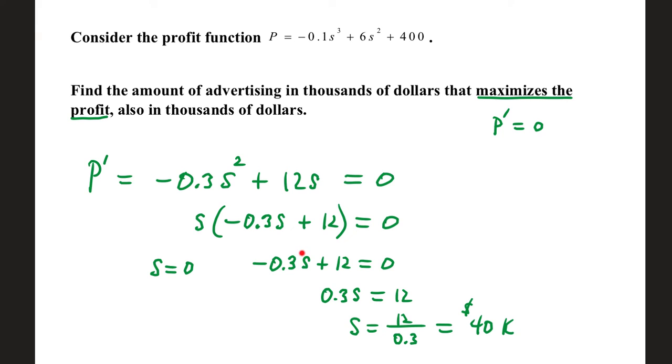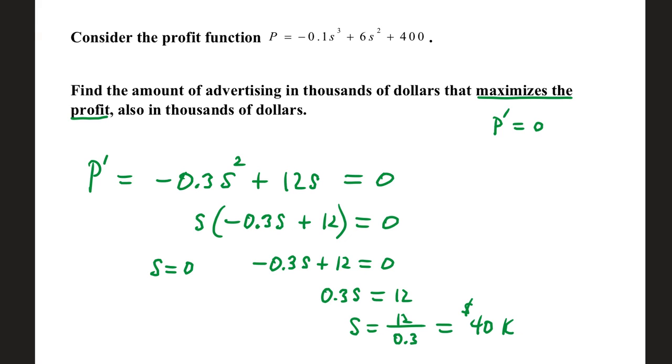This other factor, if we add 0.3s, it becomes positive. The 12 stays positive. 12 divided by 0.3 gives us 40, but pertaining to the problem, this 40 represents 40,000 spent on advertising.